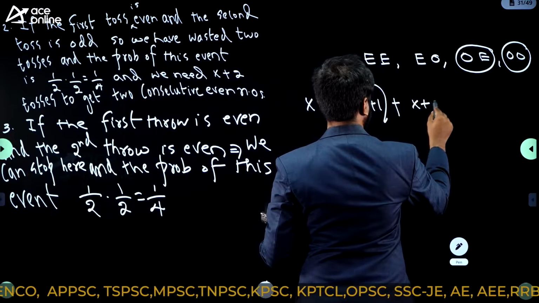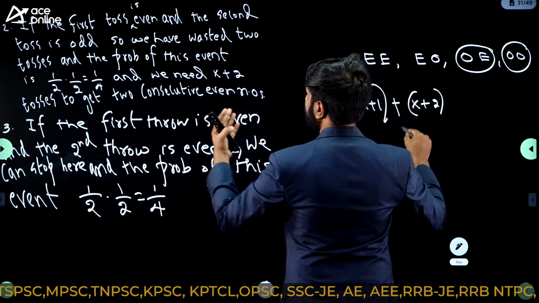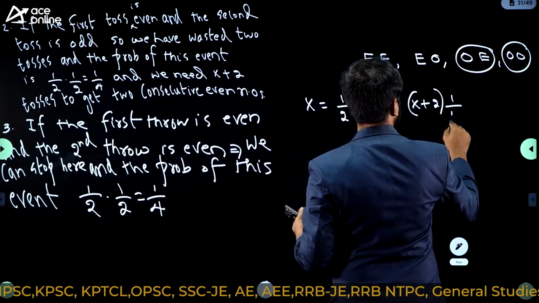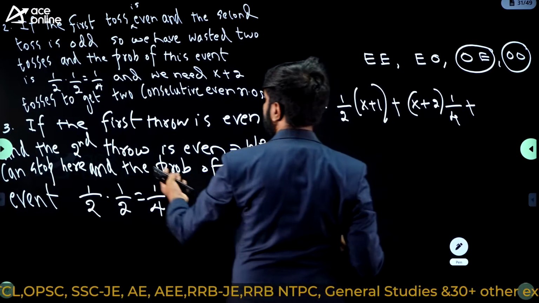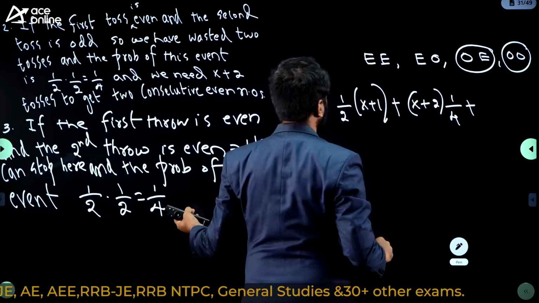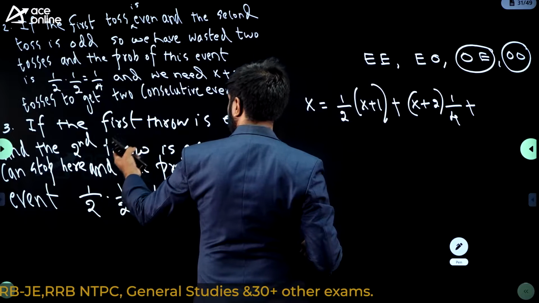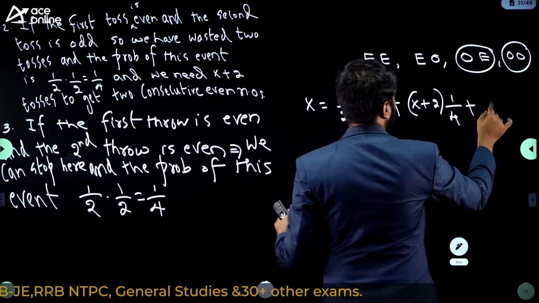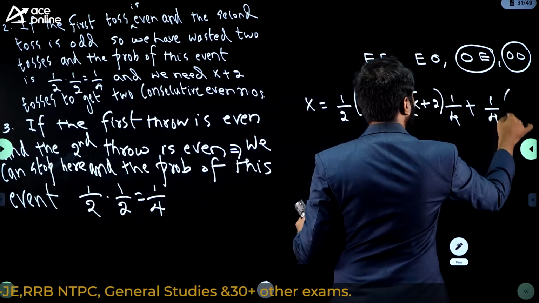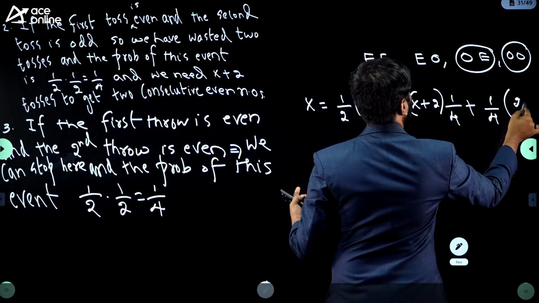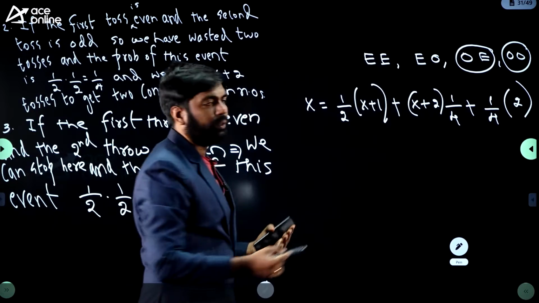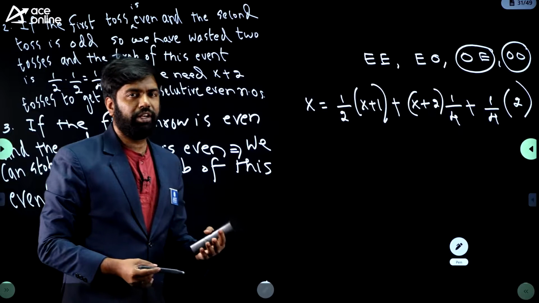So, x plus 2 tosses has to be multiplied with the probability of that event, which is 1 by 4, plus. And in the third case, where you get first throw even, second throw also even, the probability of that event is 1 by 4 multiplied with how many tosses were needed? 2. If you solve this equation, you will definitely get the value of x.